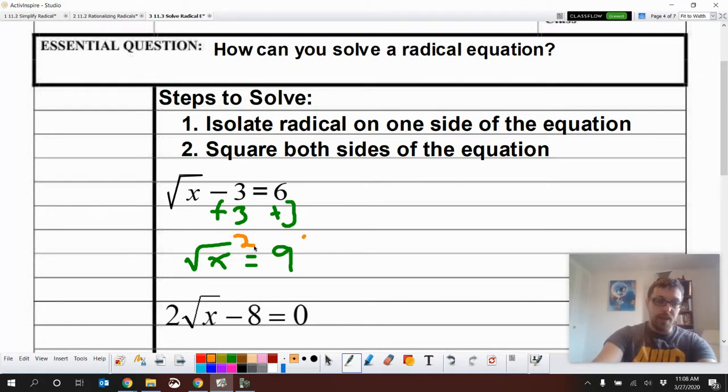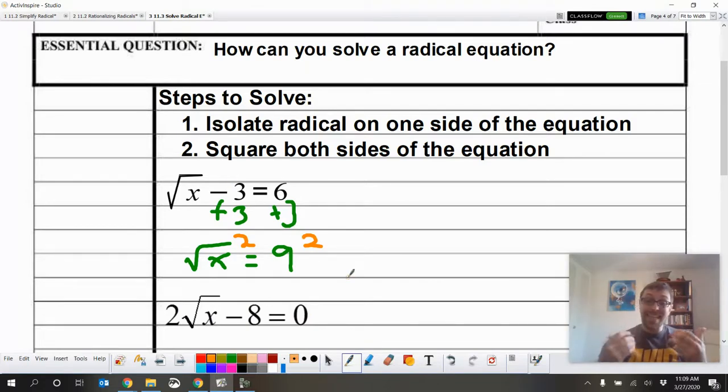The reason I want to do that is square and square root are considered inverse operations. They're operations that undo each other. So if you square a square root, that removes that square root. Just like if you add and subtract 3, those are inverse operations. So we want to get rid of that radical, we use the inverse operation, just like we add 3 to get rid of a minus 3.